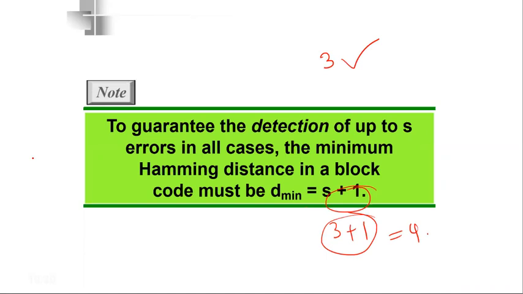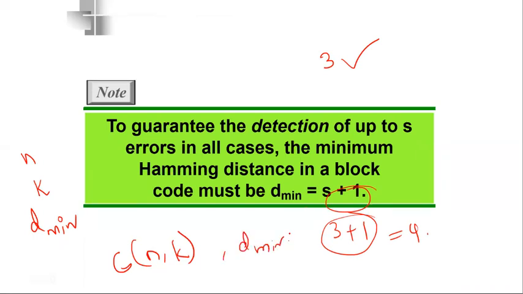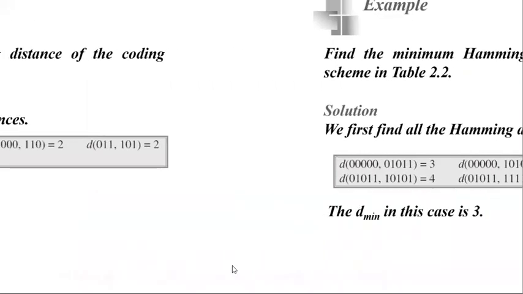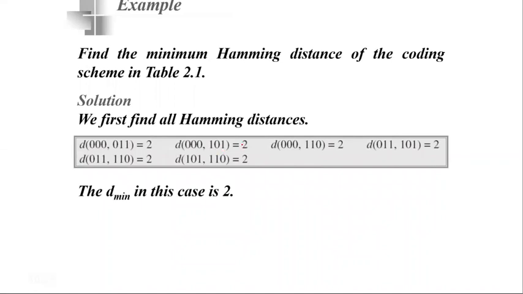So the code word size is n, the data word size is k, and the minimum Hamming distance is dmin. According to that, a coding scheme is written as C of (n, k) with dmin. For our first example, our code word was of size 3 and data word is of size 2, and our minimum Hamming distance in this case is 2.